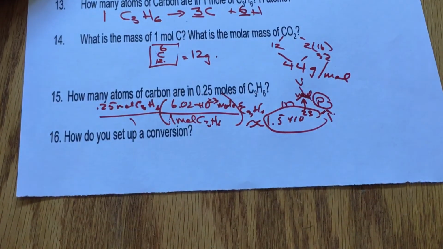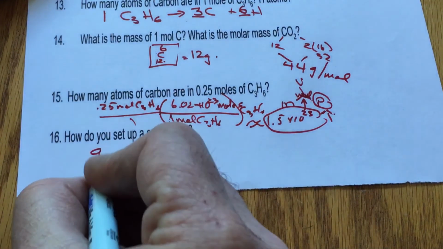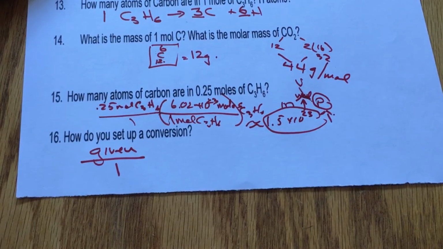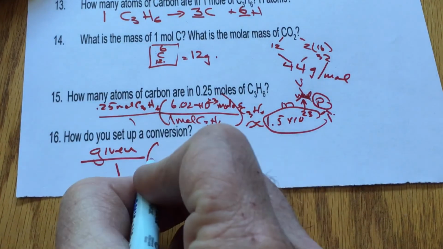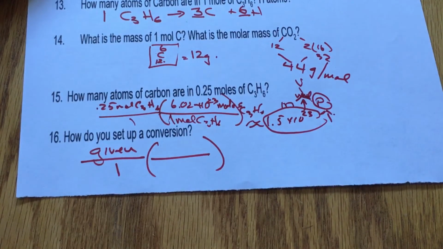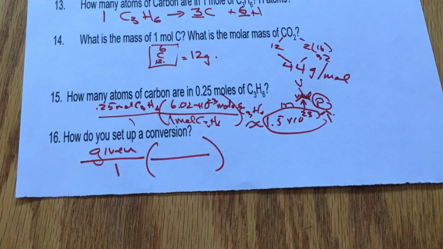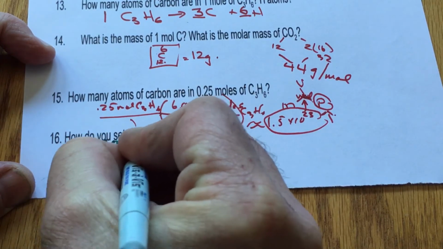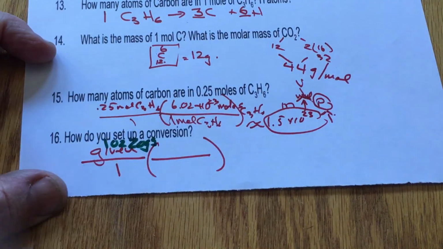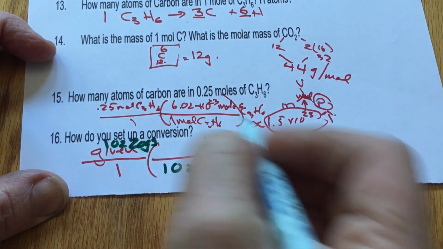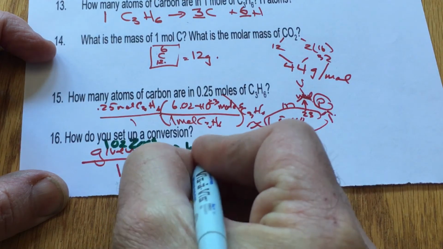How do you set up a conversion, whether it's stoichiometry or anything else? You put the given in the problem over 1. It doesn't matter what the conversion is. Then you multiply by conversion factor fractions in such a way that your units cancel. Maybe your given is 102 zogs, whatever a zog is, and we know that every 10 zogs is 22 blips.